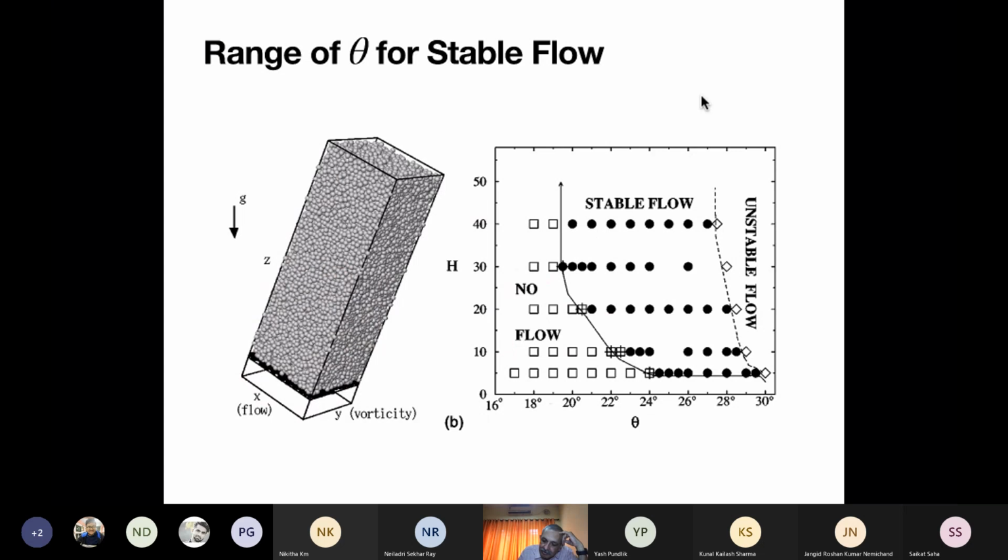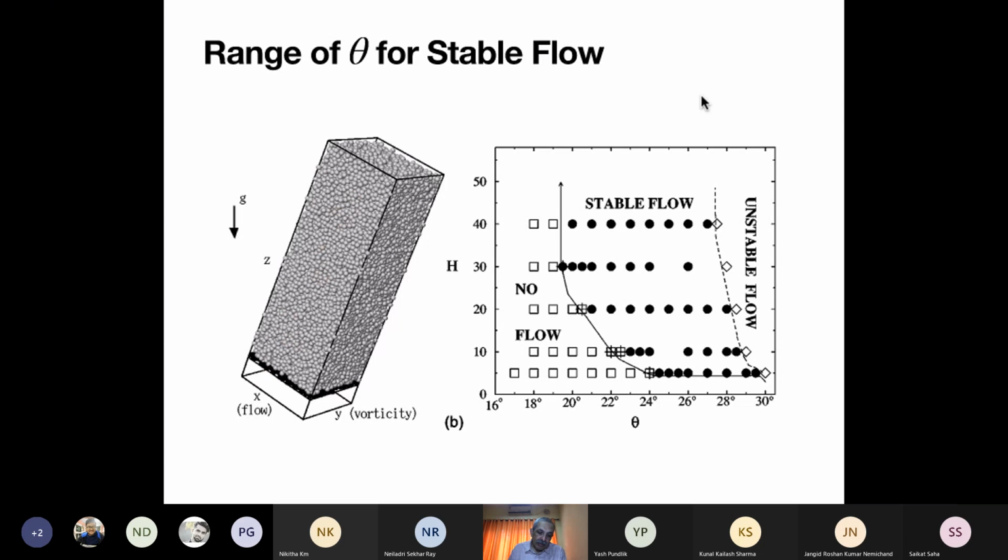The velocity goes on increasing. The reason is that the dissipation is not quite enough to balance the gravitational force that is driving this.